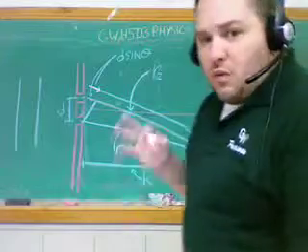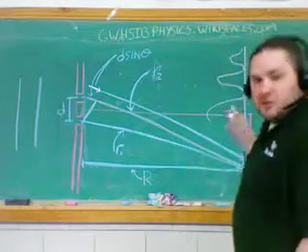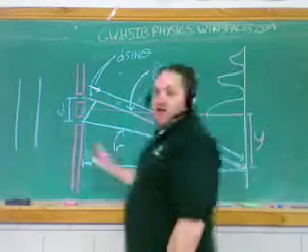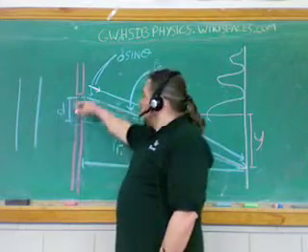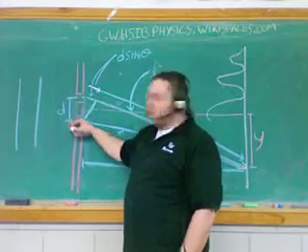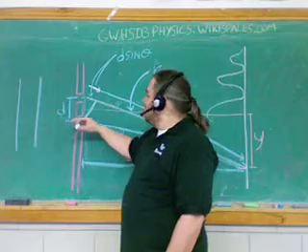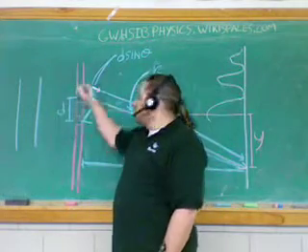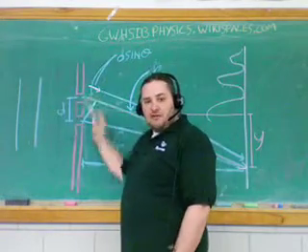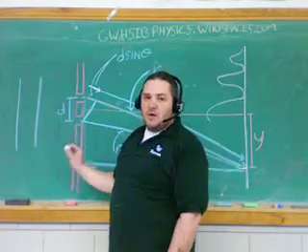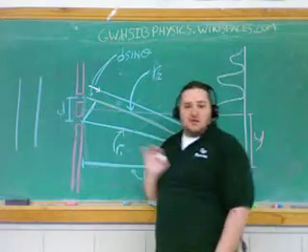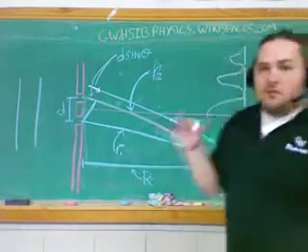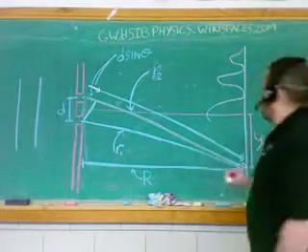Okay? So what's happening in order to produce that phenomenon is that you're creating a wave that goes through these two holes, and as it goes through the holes, they start making these circular wave fronts. And those circular wave fronts start to interfere with each other. They do both constructive and destructive interference.